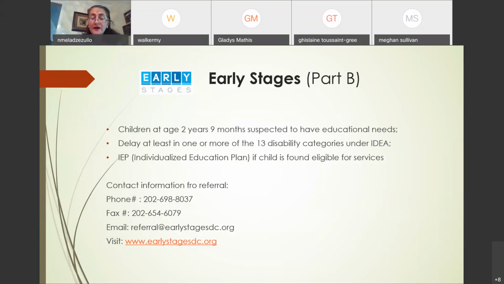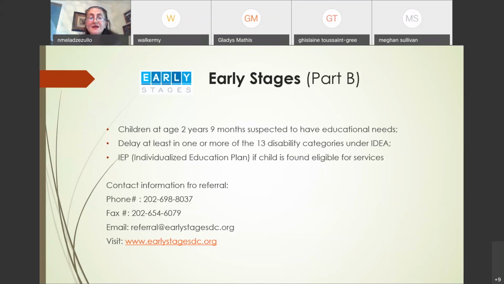But if your child is in the child care system and the child is over age 2 and 9, they will be referring the child now not to Strong Start, they will be sending a referral to Early Stages. Again, this will be happening only in collaboration with the parents, only if the parent is going to write the consent form.